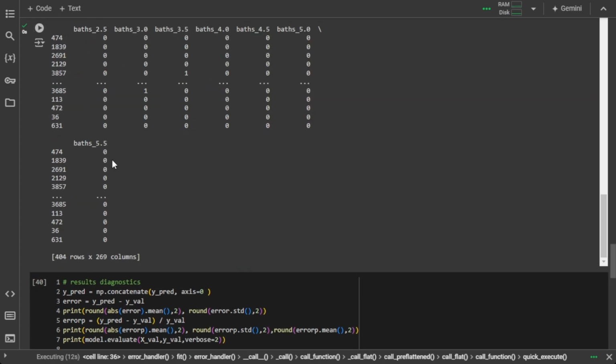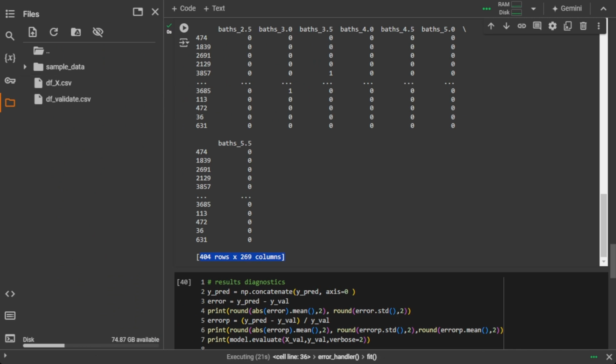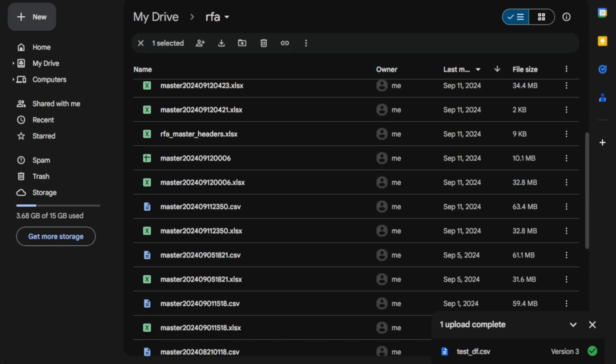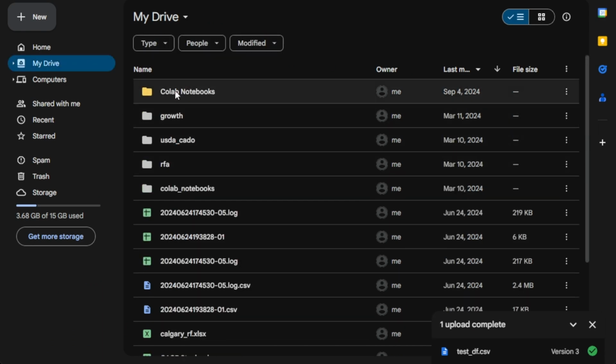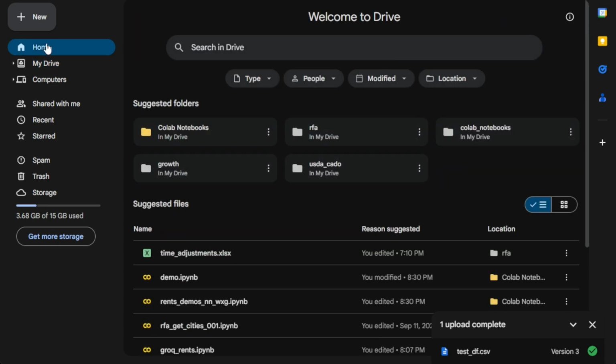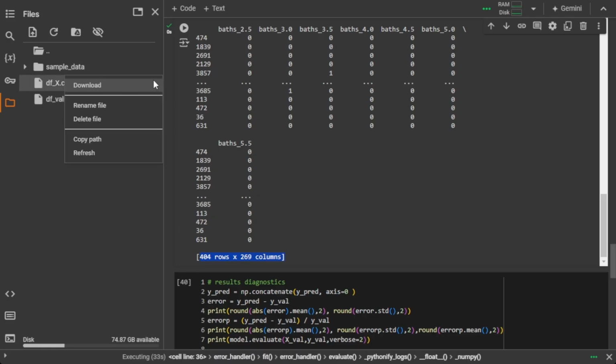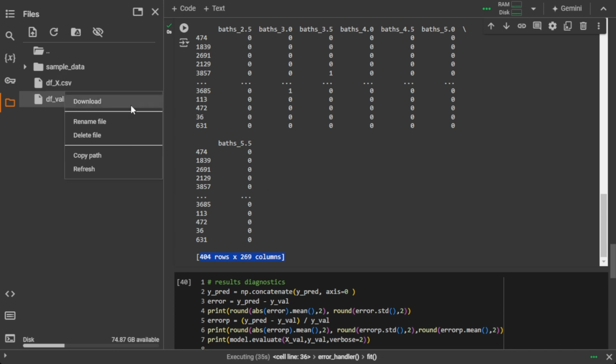So again, those are the predictions, these are the inputs. Now, I did tell it to write, there they are. So let me just go here, and then, where are they? No, okay. I'm gonna have to download these. There you go.